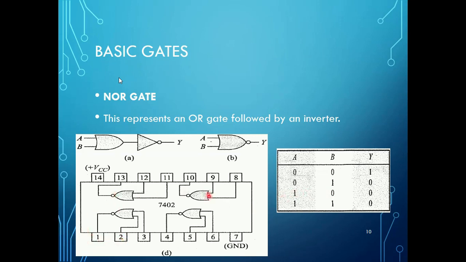If you see the IC diagram of NOR gate, the IC number of NOR gate is 7402. In the diagram, 2 and 3 are the inputs, output you get at the first pin. So remember this gate. 5 and 6 are the inputs, 4 is the output. 9 and 8 are the inputs, 10 is the output. 12 and 11 are the inputs, 13th pin you get as the output. 14th is connected to the VCC and 7th pin is connected to ground.